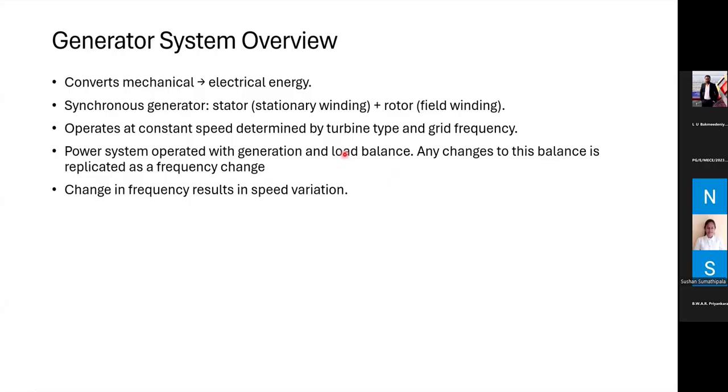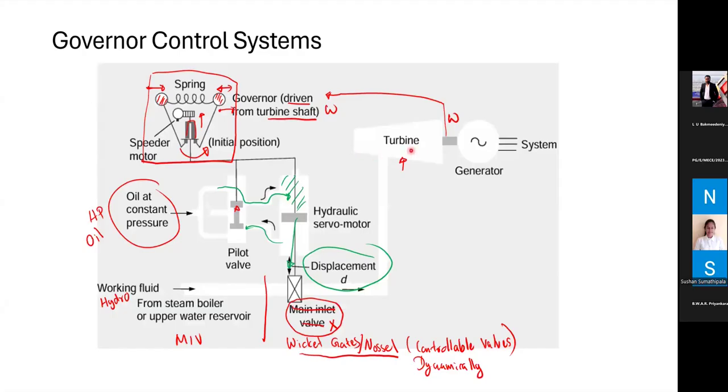And when we have any differences between the generation and the load, that is replicated as a change in the frequency. So a change in the frequency results in speed variation. That's the action in the governor as well.